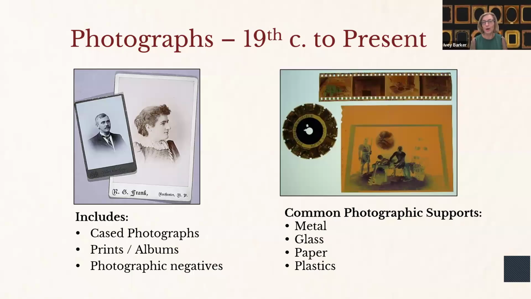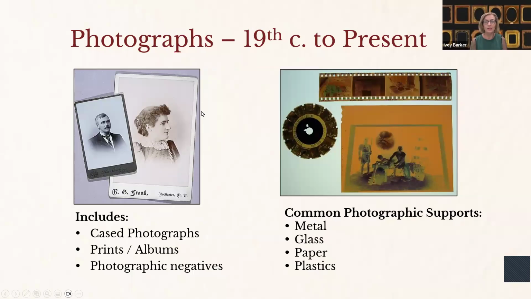So during this webinar, we're talking about photographs. That encompasses 19th century to the present. That includes case photographs like daguerreotypes and ambrotypes, prints, and albums that are on paper base, and photographic negatives that can be glass, film-based, and common photographic supports include metal, glass, paper, and plastics.